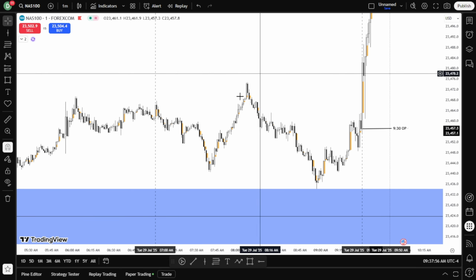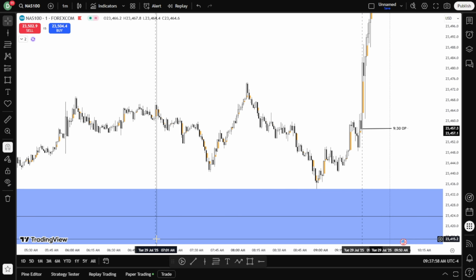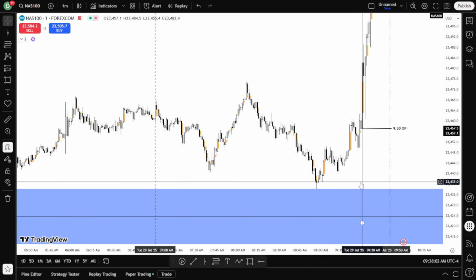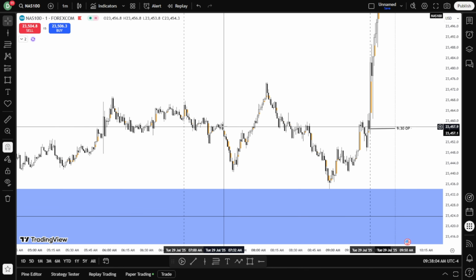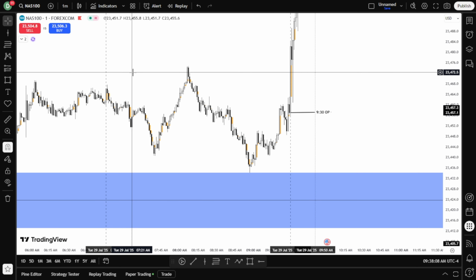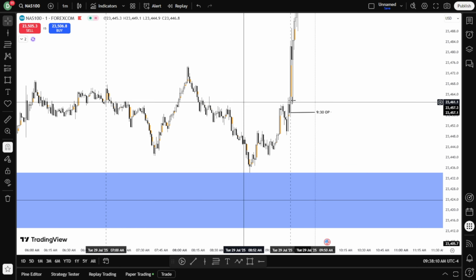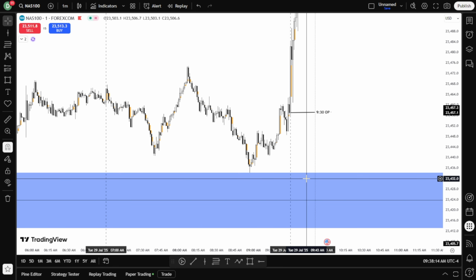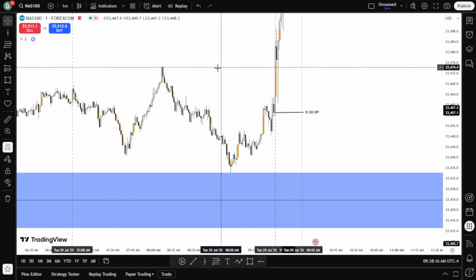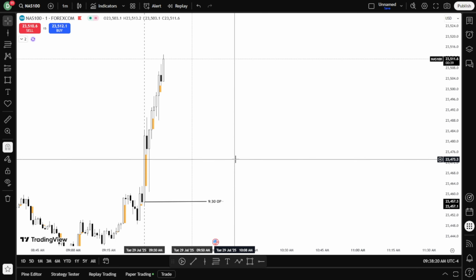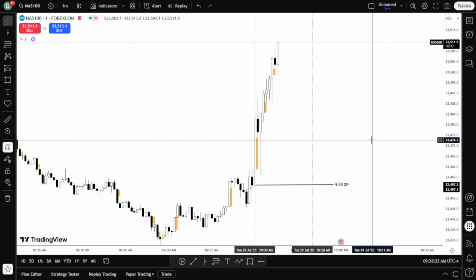This is the pre-market session from 7 a.m. New York local time to 9:30. 9:30 is the opening bell. So every day we will mark this from 7 a.m. to 9:30. That is the pre-market session. Currently it is moving higher.